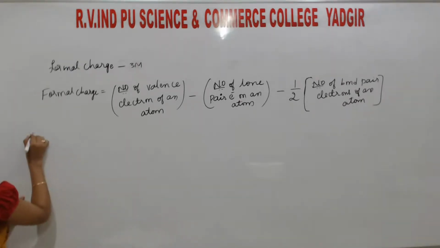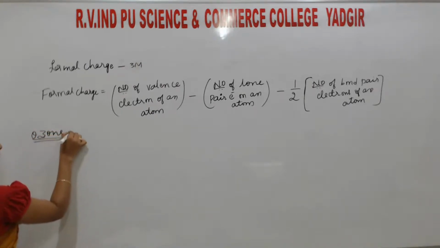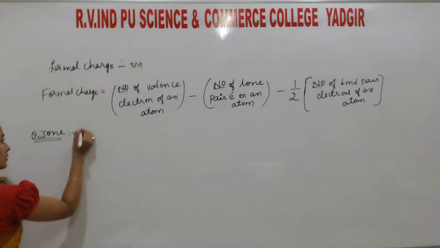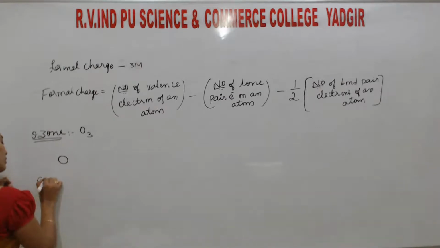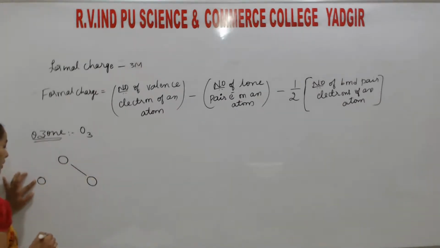So I will take the example ozone here. Okay, so listen, ozone means O3 molecule, one oxygen atom is further bonded to two oxygens.